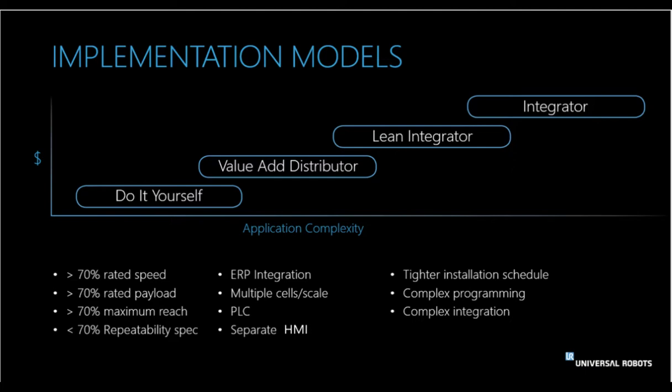Then we also have a layer of value-added distributors and a new kind of layer that's emerging in the integration space called the lean integrator. Value-added distributors are distributors that typically have their business model revolving around the sale of components, but also have applications engineers and programming expertise for slightly more complex problems. Now, the lean integrator, on the other hand, does a turnkey solution.